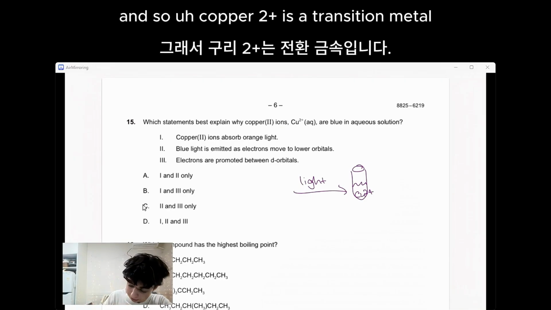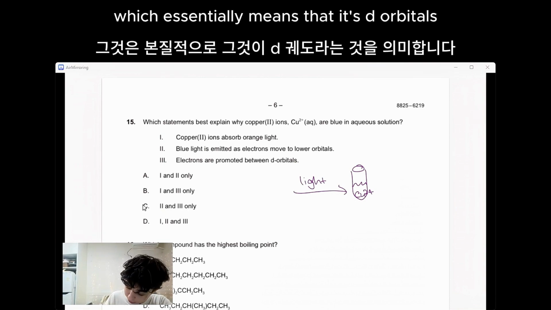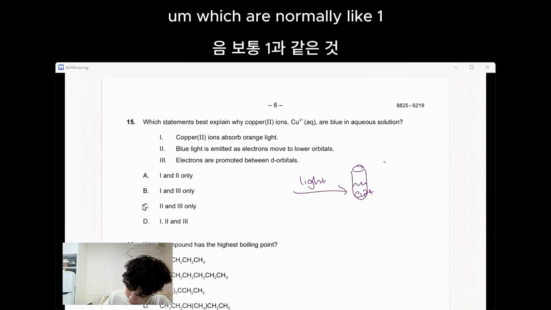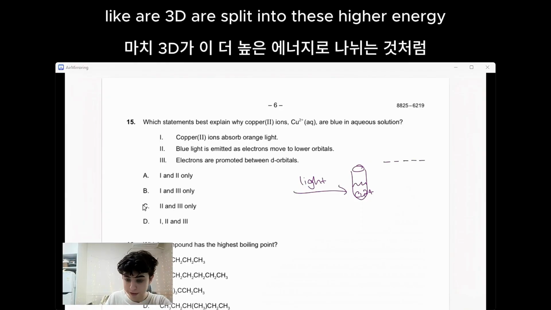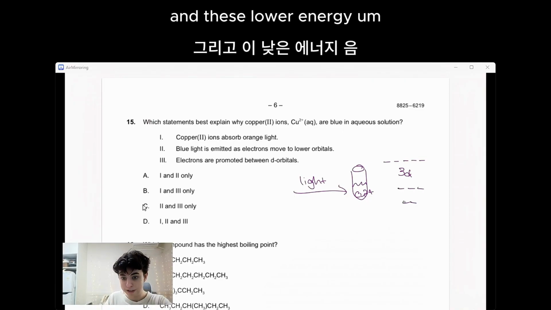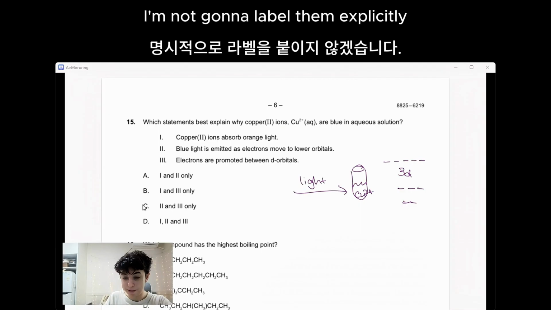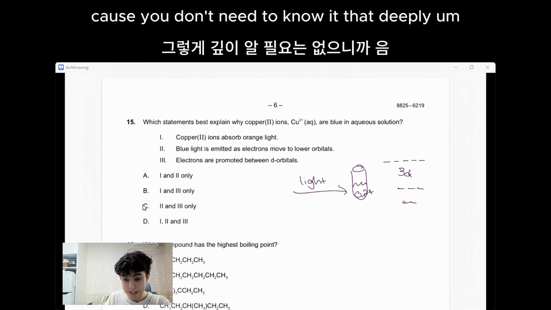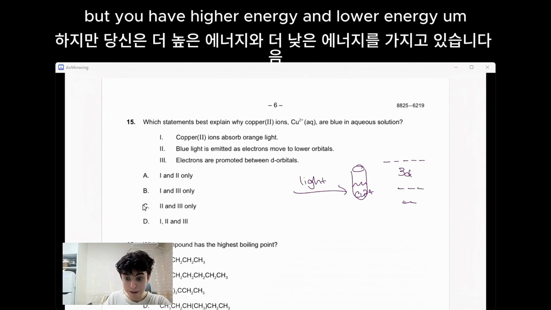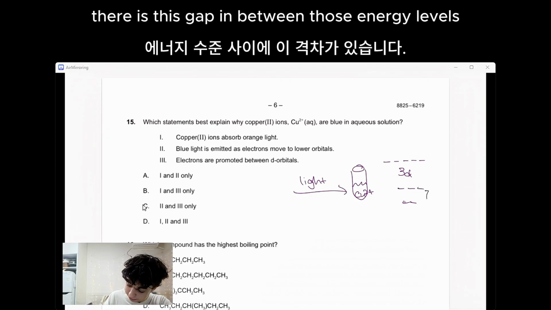And so copper 2 plus is a transition metal, which essentially means that its d orbitals, which are normally like 1, 2, 3, 4, 5, like our 3d, are split into these higher energy and these lower energy. I'm not going to label them explicitly because you don't need to know it that deeply, but you have higher energy and lower energy. And so there is this gap in between those energy levels.